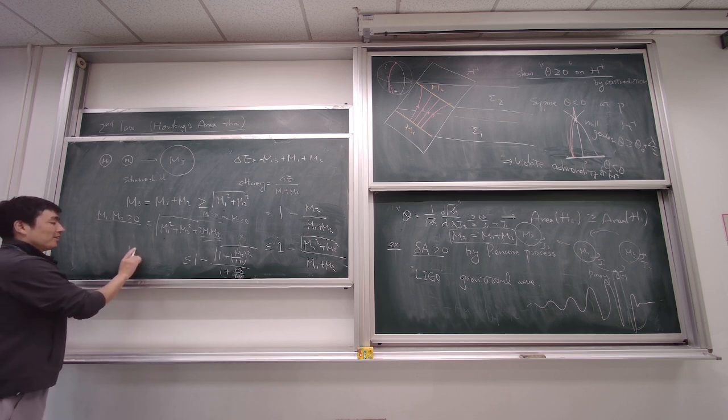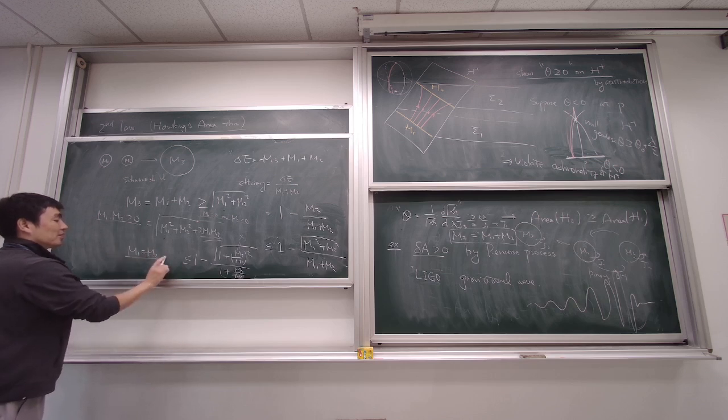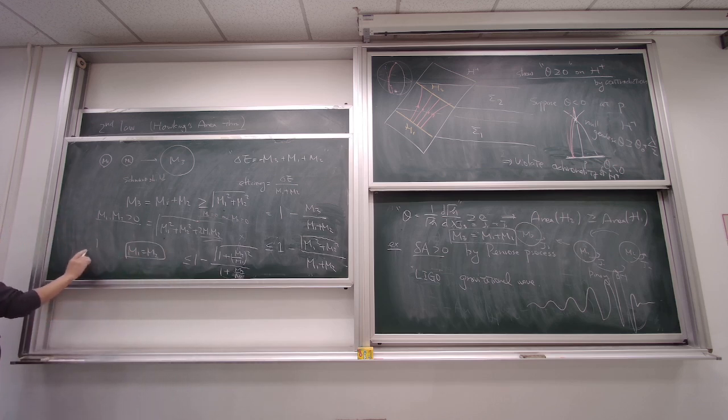Yes, great. m1 equal to m2 is the smallest. And then that will give you square root 2 over 2 minus 1. Okay. And this is the maximum efficiency you can get from this collision. It's a really big number. The efficiency coming from black hole collision or black hole physics is really big. Okay. Any question at this moment?